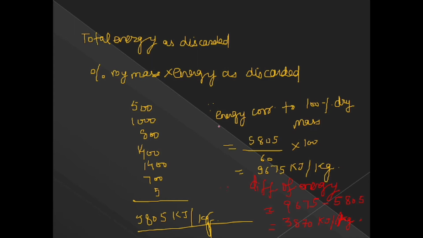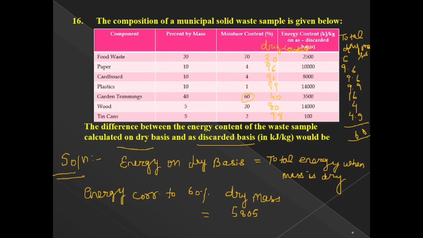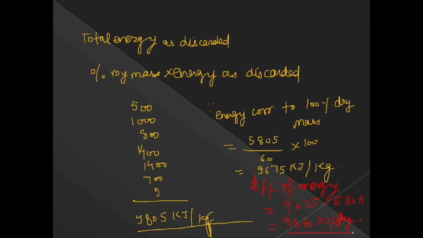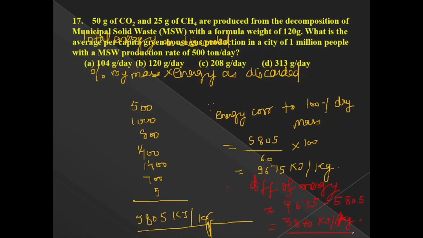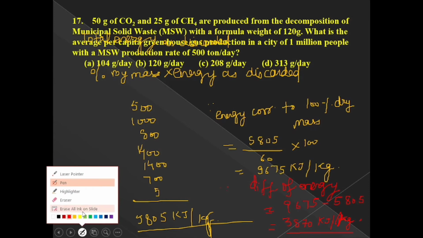Energy corresponding to 100% dry mass will be 9675 kilojoule per kilogram. The difference of energy will be 9675 minus 5805, because this is on the basis of the discarded state, and our final answer is 3870 kilojoule per kilogram. Okay, please note it down. After that we will move towards our next question, question number 17.